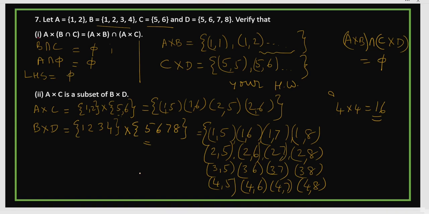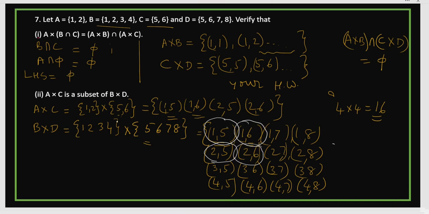You just search for the 5 and 6 only. 1, 5 is there, 1, 5 is there. 1, 6 is there, 1, 6 is there. Wherever 5 is there, look for the 1 and 2 combination. 2, 5 is there, 2, 6 is there. Nothing else will be common.